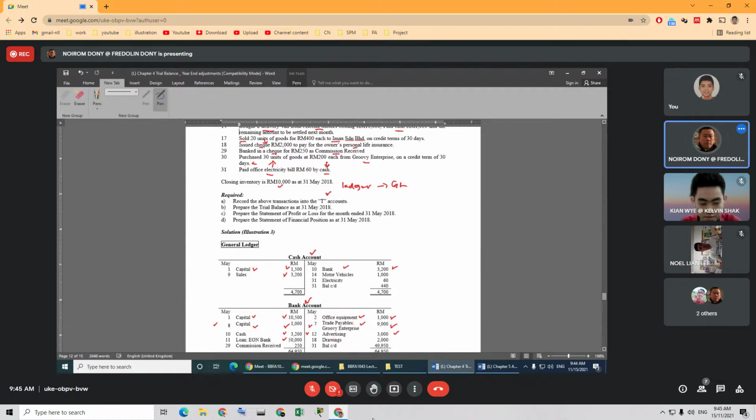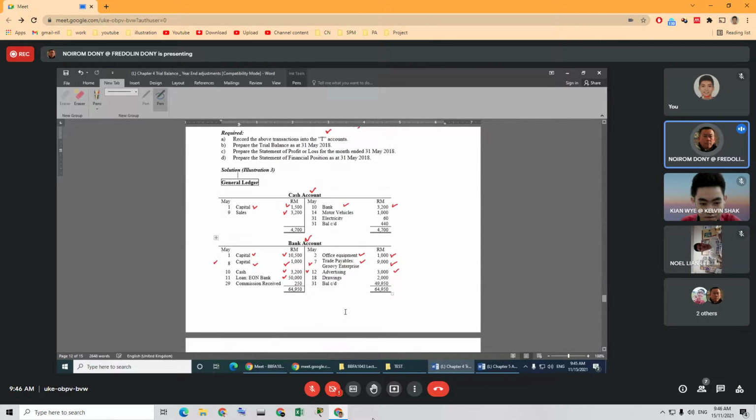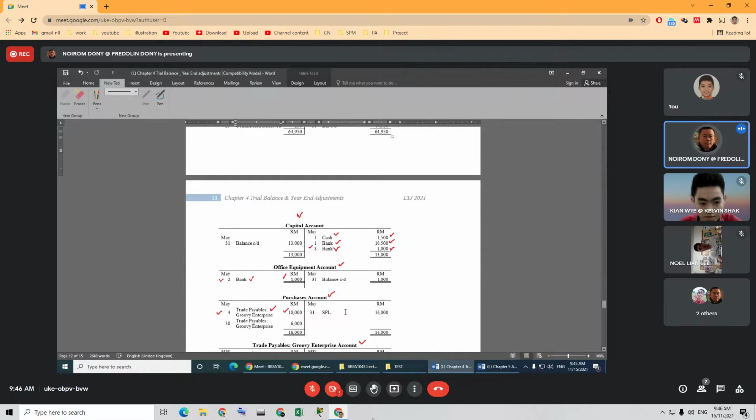On the 14th, bought a delivery van, the keyword being delivery van, from Asan Motor costing 10,000, paid cash 1,000 and the remaining amount to be settled next month. Okay, first of all, open up a delivery van account to record it.